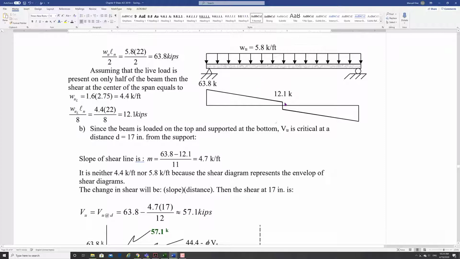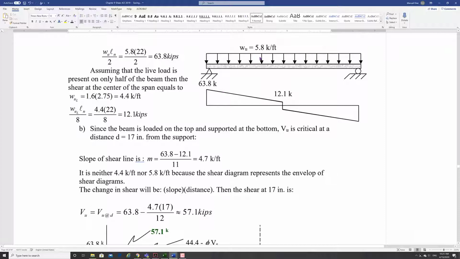Because this diagram now is not the diagram for this case. It's the diagram for this case and the case with having only half of the live load applied on one span. So it's an envelope, okay? So it is an envelope. So then we cannot use this W anymore because this slope does not match this load.